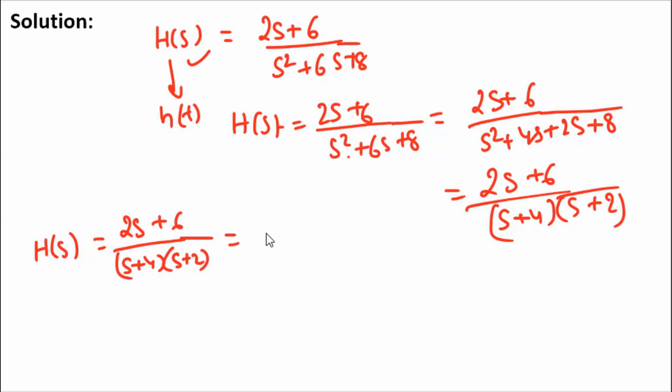By applying partial fractions, you get A/(s + 4) + B/(s + 2).